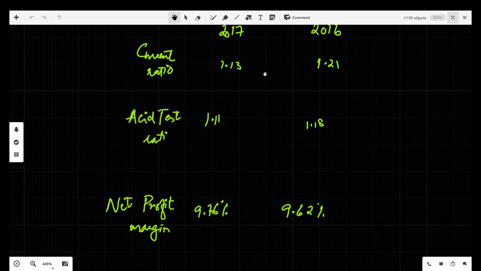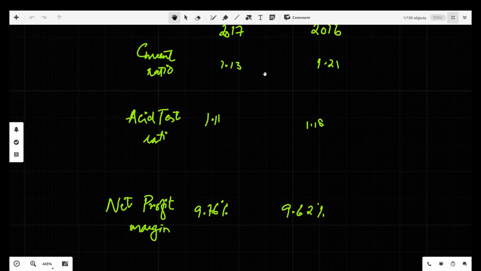So it's just enough, but still it looks like they'll be able to stay afloat, because in both cases, the current ratio as well as the acid test ratio, even if we deduct the inventories, there are enough assets to settle the liabilities of the business, so they are seemingly in a safe position.